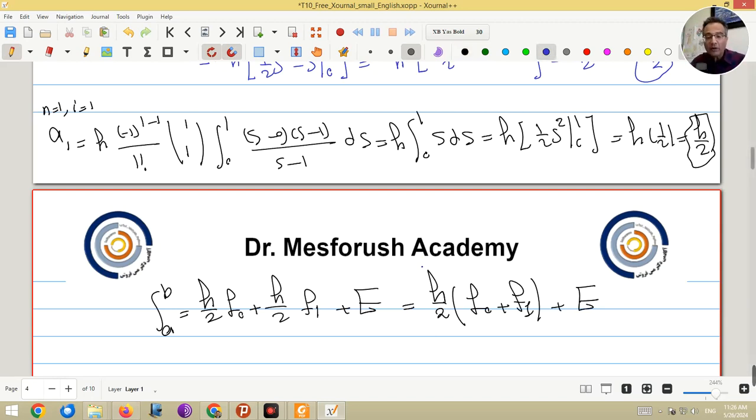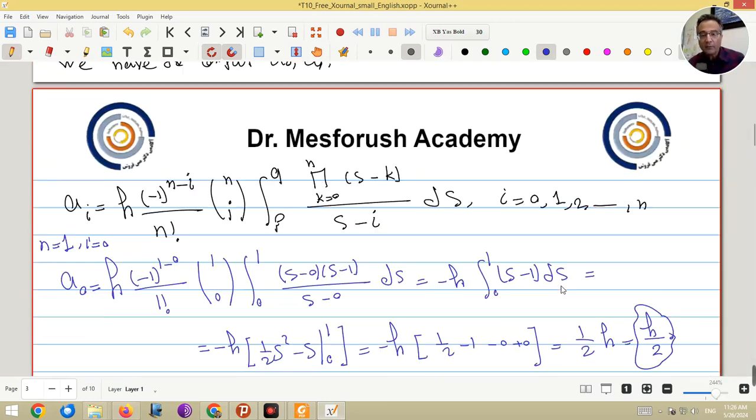This first part of this formula is exactly the trapezoidal integration formula, and now we want to compute E. Okay, we want to compute E.